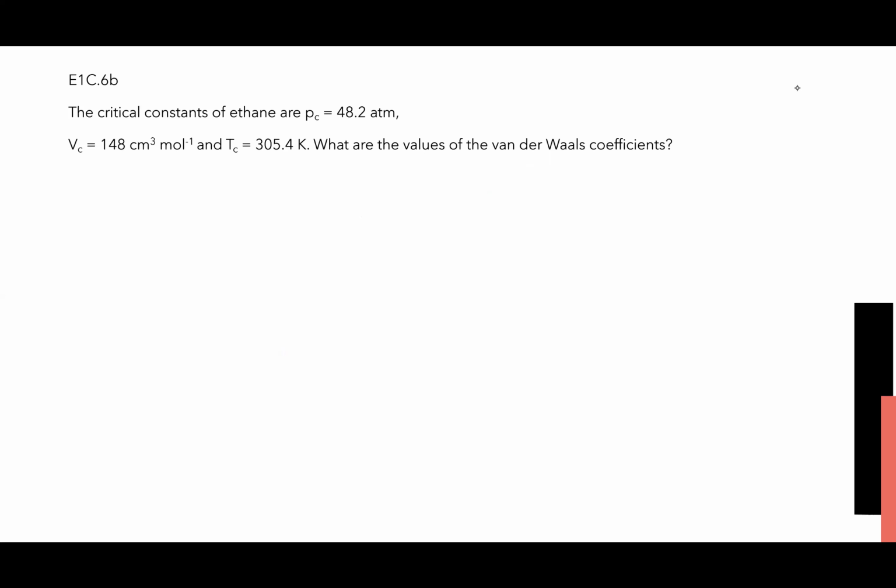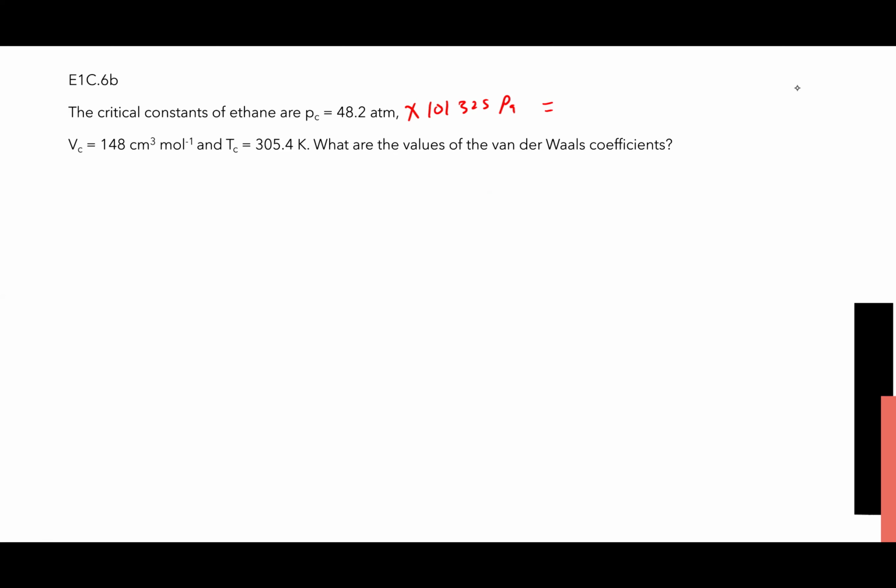So not 48.2 atmospheres. Let's see, what was our conversion here again? 101,325 pascals. We change that to pascals, and that'll give us our new critical pressure, just in pascals.